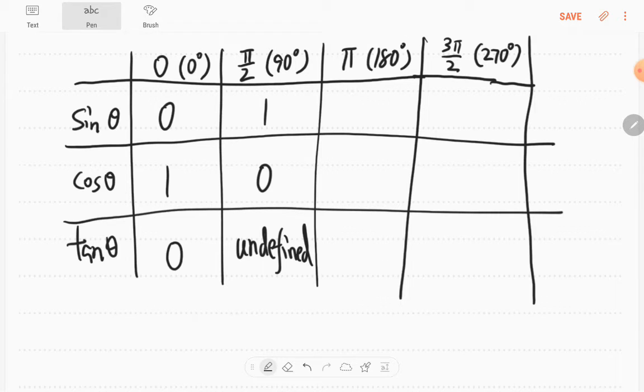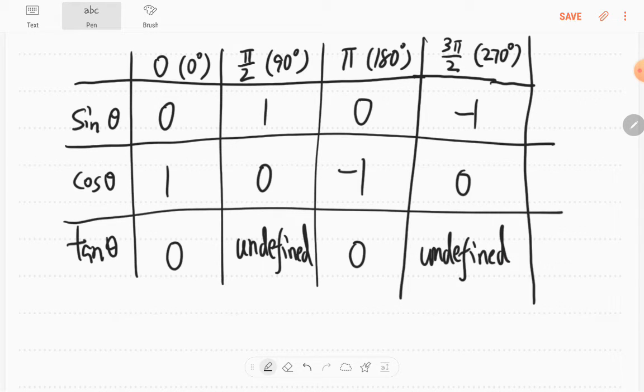Sine pi equals 0. Cosine pi is negative 1. Tangent pi equals 0. Sine 3 pi over 2 equals negative 1. Cosine 3 pi over 2 equals 0. And the tangent 3 pi over 2 is undefined. So you need to memorize this table.